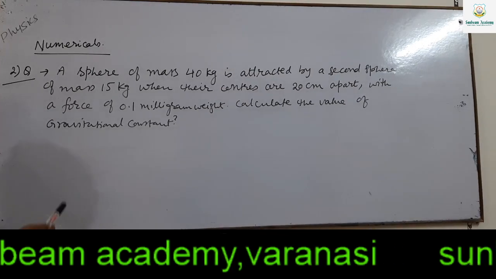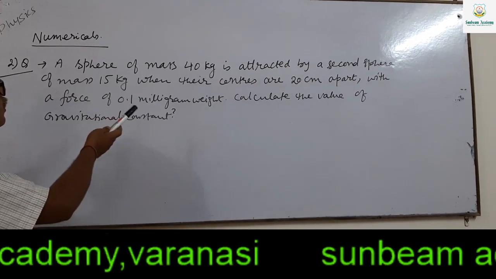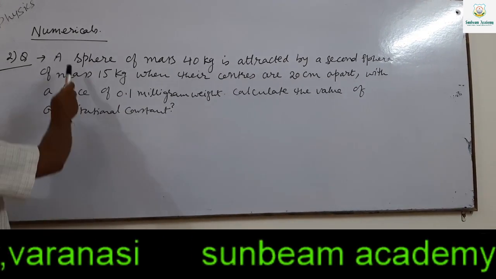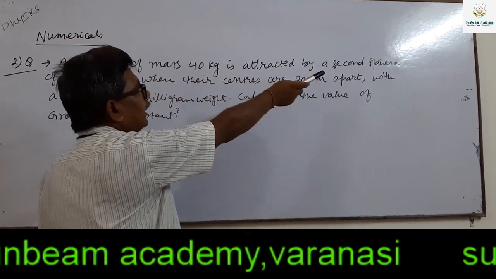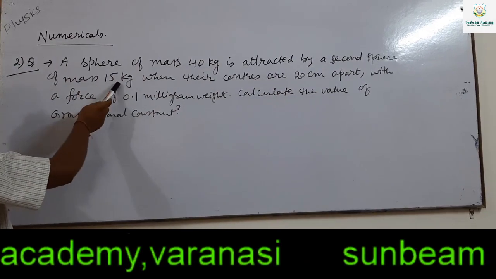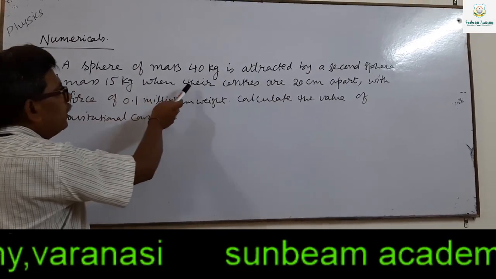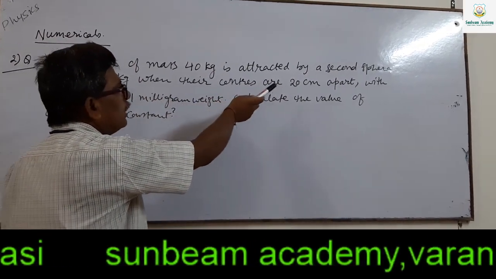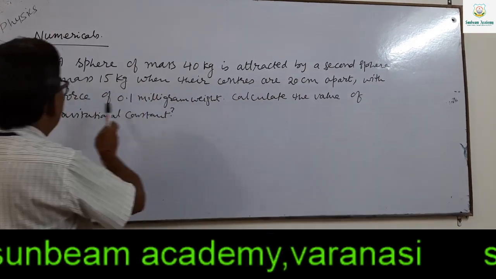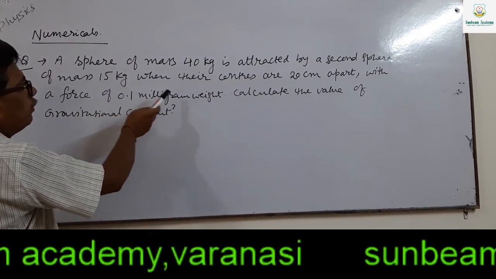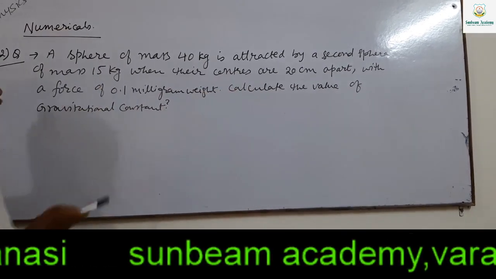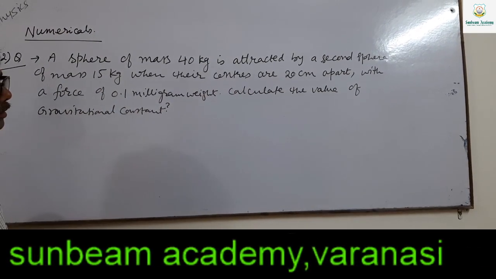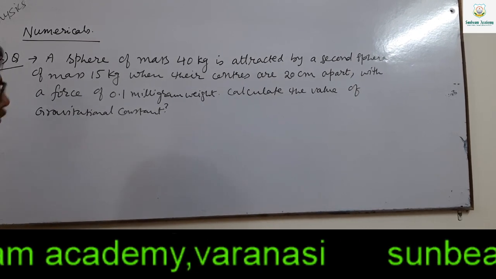Now see, the second numerical is given here. A sphere of mass 40 kg is attracted by a second sphere of mass 15 kg when their centers are 20 centimeter apart with a force of 0.1 milligram weight. Calculate the value of gravitational constant. Means here what is given?